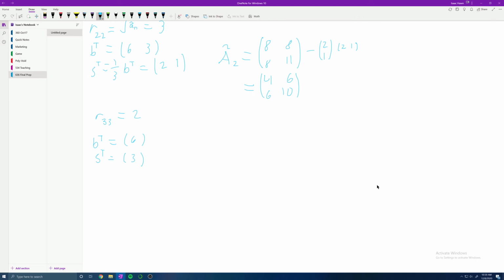Okay, now we're on the last step here. We take A wave 3 to be the tail submatrix of A wave 2, the 1 by 1 matrix with entry 10, minus 3 times 3, right? S transpose times S. They're 1 by 1, so the transpose is the same.